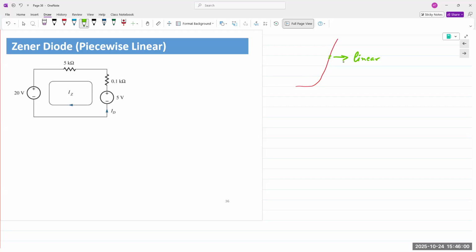So it's a small piece of that device characteristic, and we can treat it as being linear within that portion. This is also the reason we can say that the diode has a linear static resistance, because it's linear within that portion.